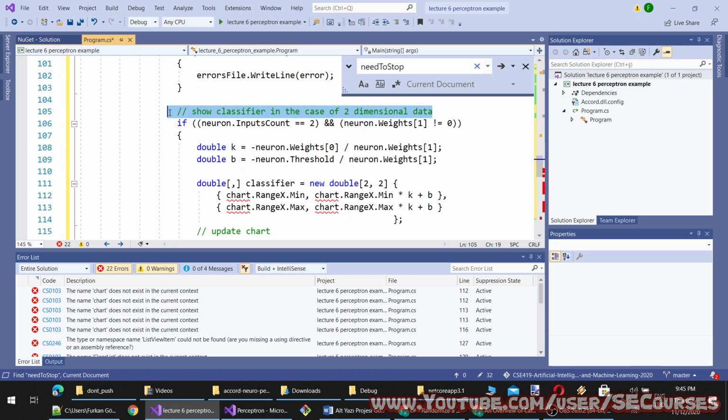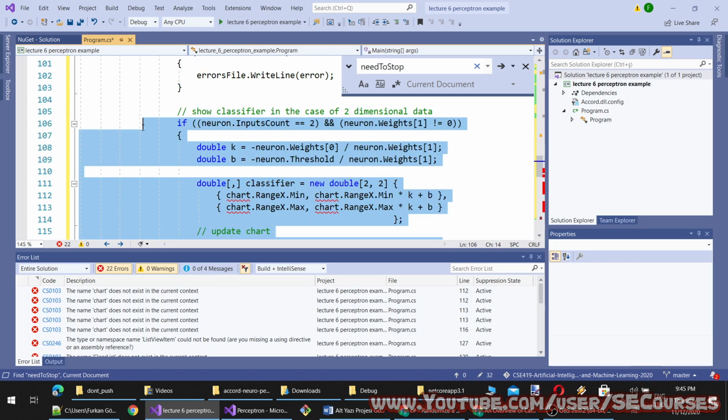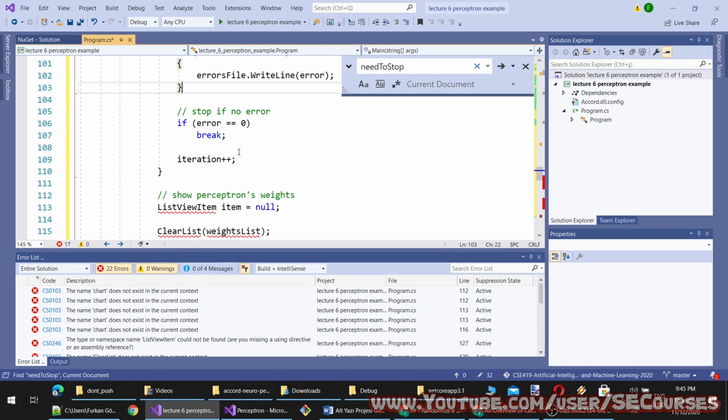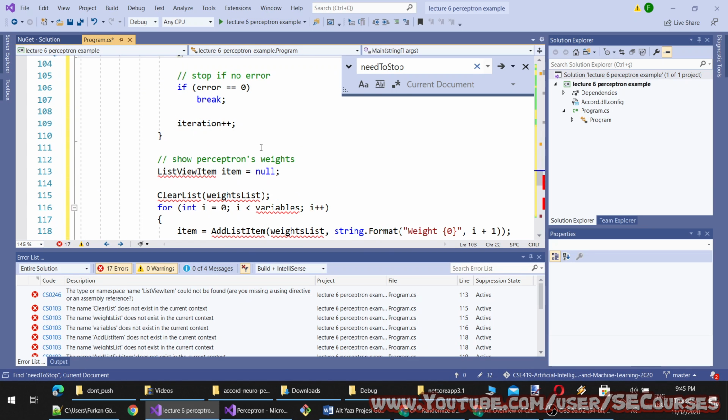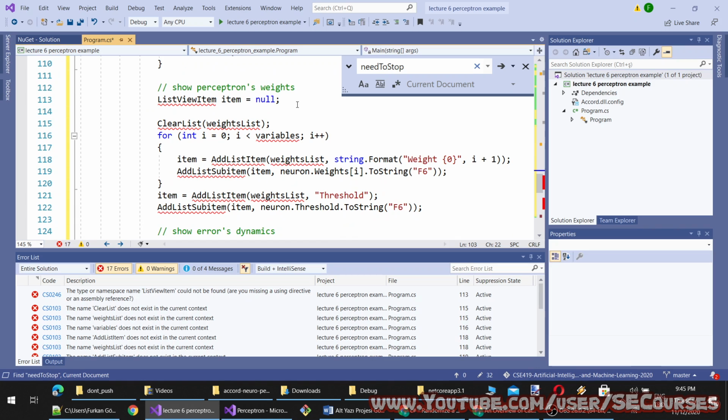Show classifier in the case of two-dimensional data. Okay, we don't need chart right now. Actually, we can't use it at all because we are using console application.